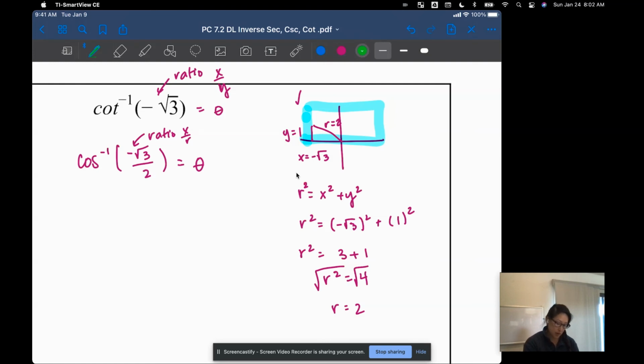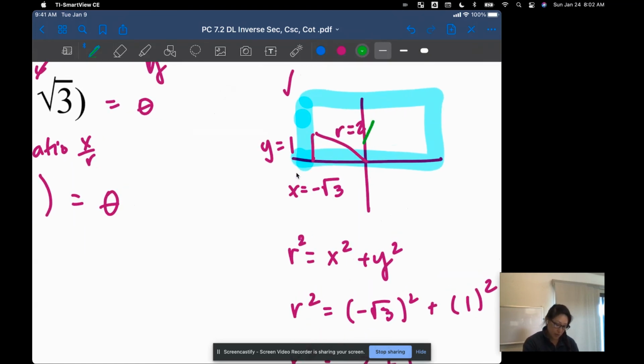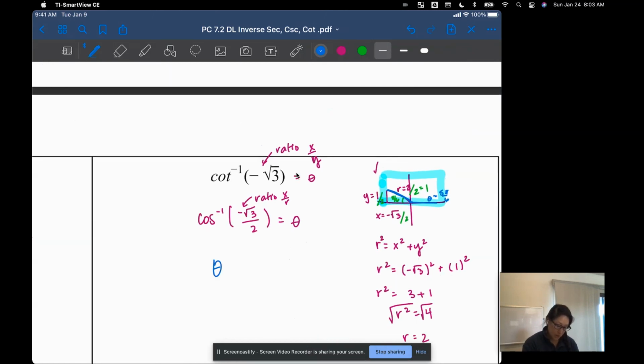Usually I see my triangle as a radius of 1. So I'm going to divide all sides by 2, and that will equal 1. And I see that the reference triangle is just a pi over 6 triangle, which means that this angle in the second quadrant here would be theta is equal to 5 pi over 6. So the cosine ratio that gives me negative root 3 over 2 would be 5 pi over 6.